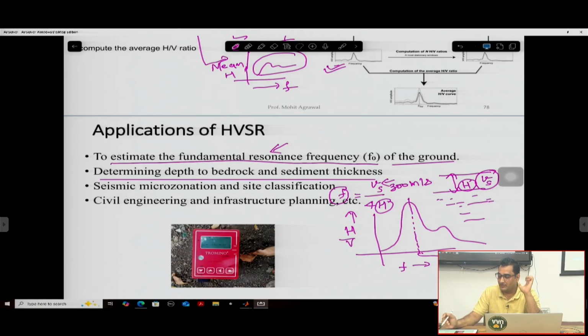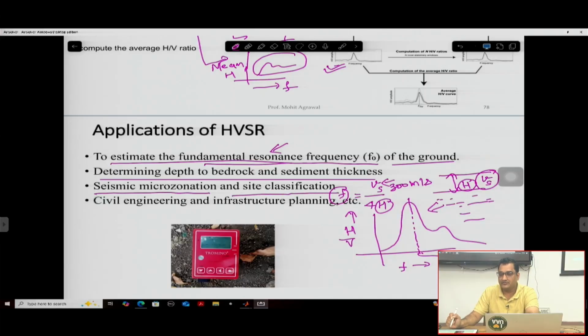You do not want your resonance frequency to match the fundamental frequency. So if you know the fundamental frequency from this survey, you can easily avoid that while doing any construction or design. So for seismic microzonation, it is very useful.